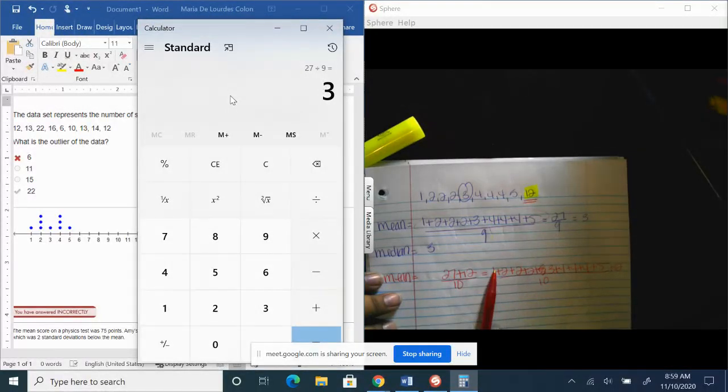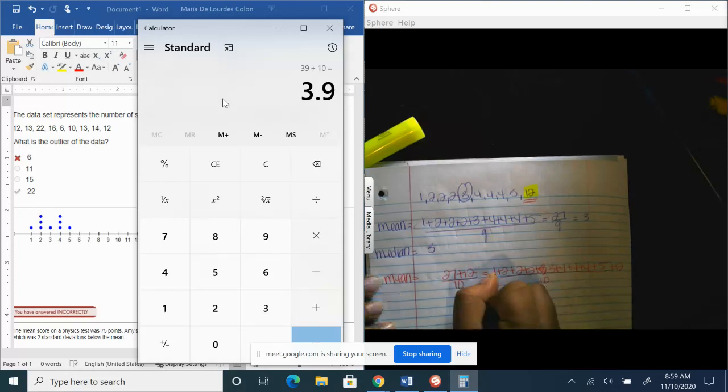We knew that all of this was already 27, so that's why it's the same as 27 plus the 12 over 10. So 27 plus the 12 is 39, divided by 10. So our mean here is 3 and 9/10. So you can see that it's increased.